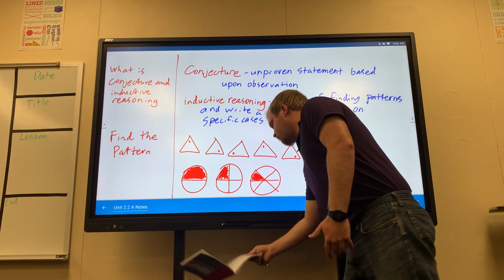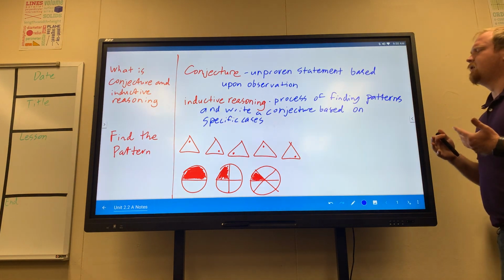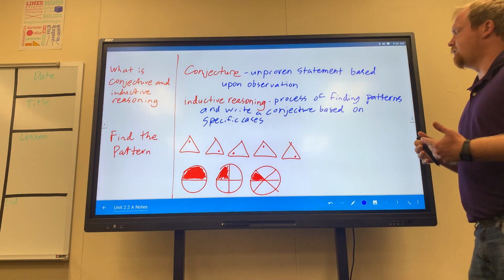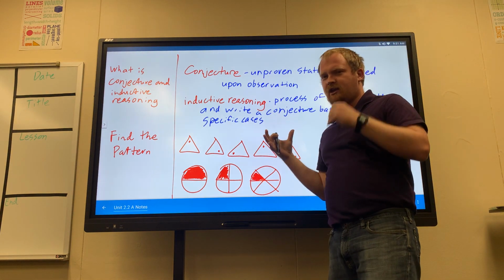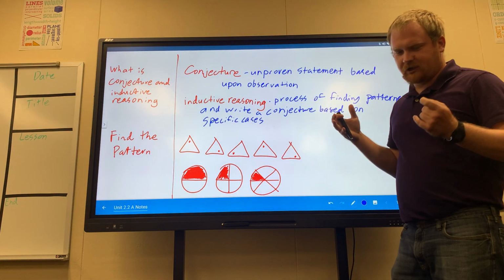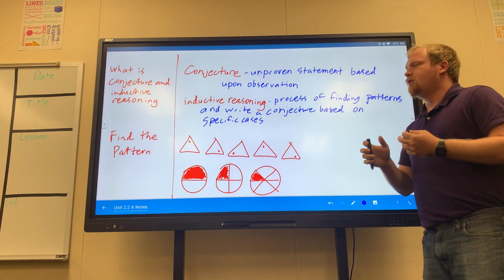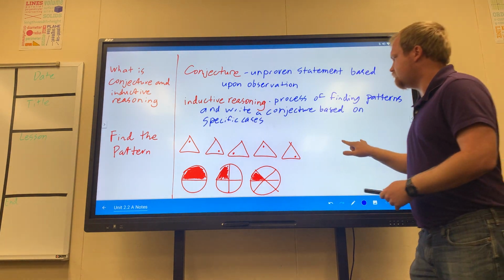Okay? So basically, if you see a pattern going on, inductive reasoning is seeing a pattern and being able to make a case for it, being able to write a statement about what the pattern is doing.